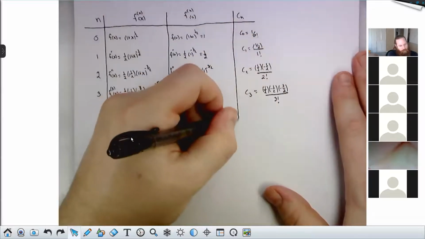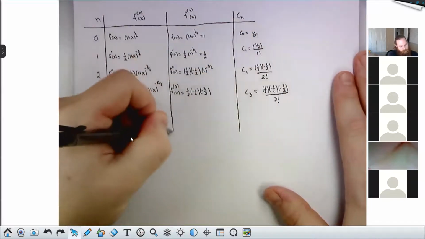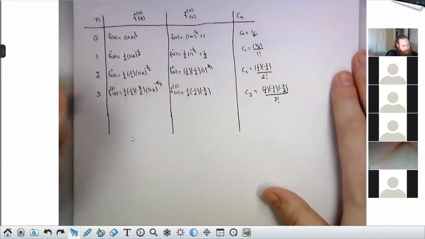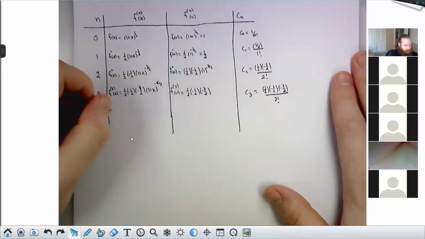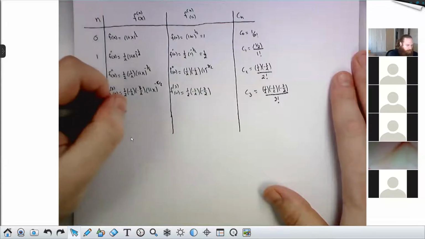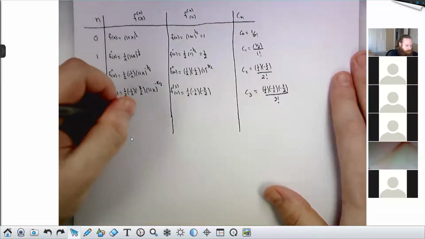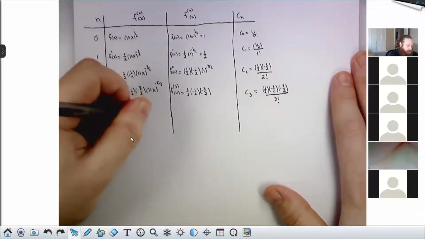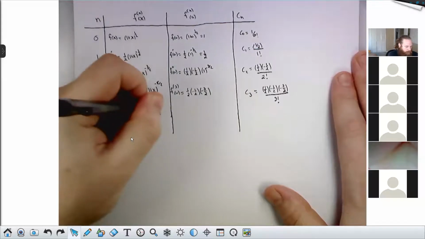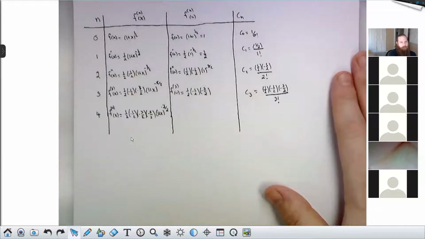I'll do one more, and then we'll see if we can't start finding a pattern. If I differentiate a fourth time, it's 1/2 times negative 1/2 times negative 3 halves times negative 5 halves times 1 plus x to the negative 7 halves.